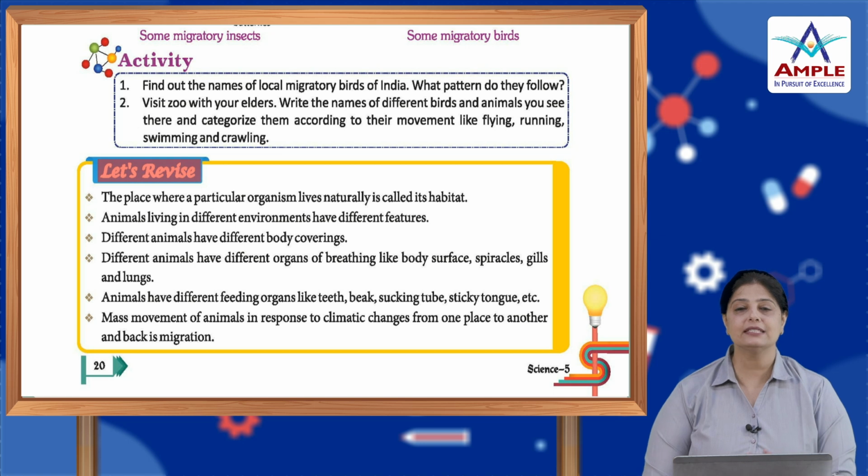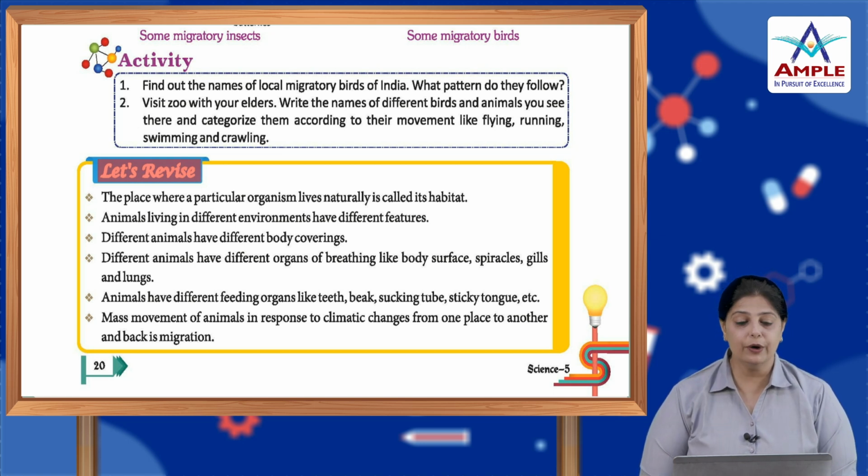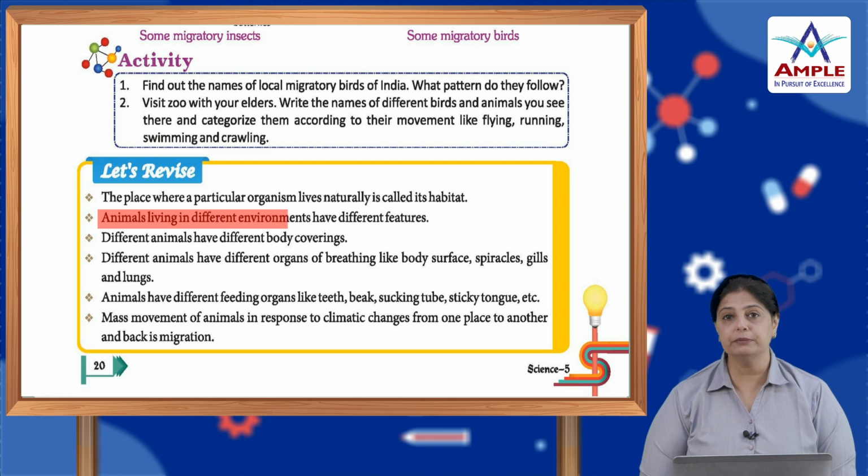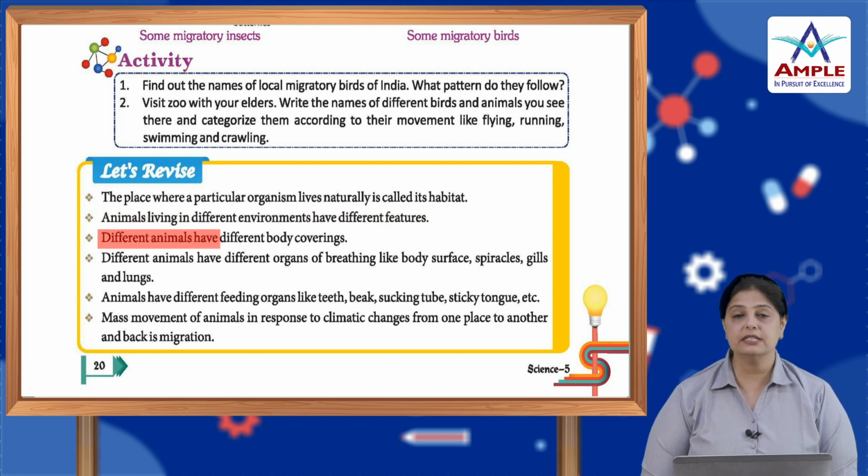Now, let us revise this entire chapter. So, I hope everything is clear about the animal world now. The place where a particular organism lives naturally is called its habitat. Animals live in different environments and they have different features. Different animals have different body coverings.